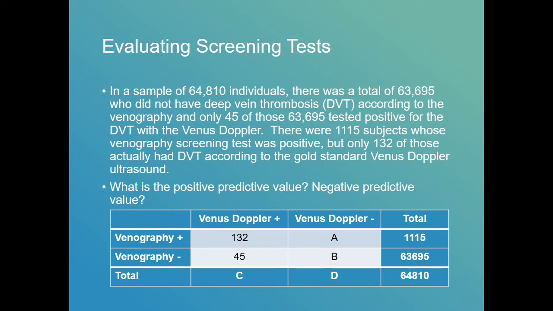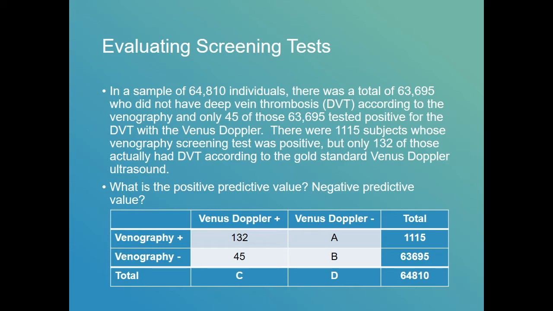A certain amount did not have a DVT according to the venography, and 45 of those individuals did test positive with the venous Doppler. There were 1,115 subjects whose venography screening was positive, but only 132 actually had a DVT according to the gold standard of the venous Doppler.